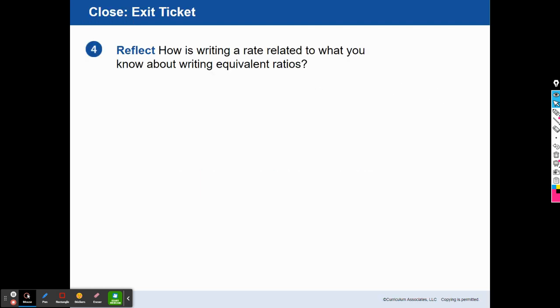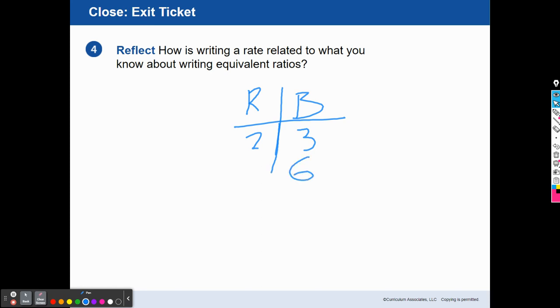All right. How is a rate related to what you know about writing equivalent ratios? So this is the exit ticket for today. So I would think back to those equivalent ratio tables that we did, right? We've done ratio tables of red to blue. We had 2 to 3, and we wanted blue to be 6.